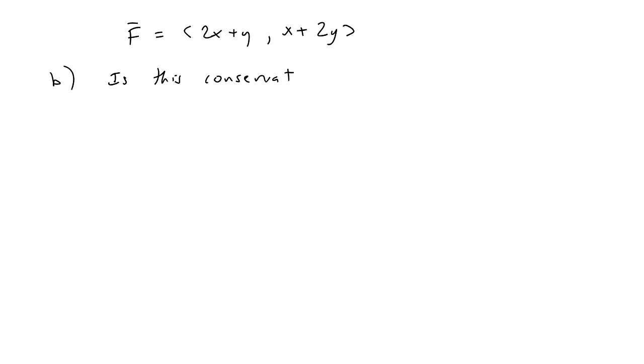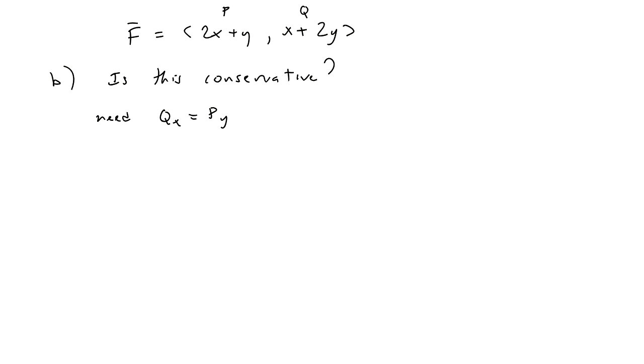And let me ask, from 4.3, is this a conservative function? And since it's two-dimensional, this is the easier one. What we need is, if I call this P and Q, I need the mixed second derivatives to be equal.